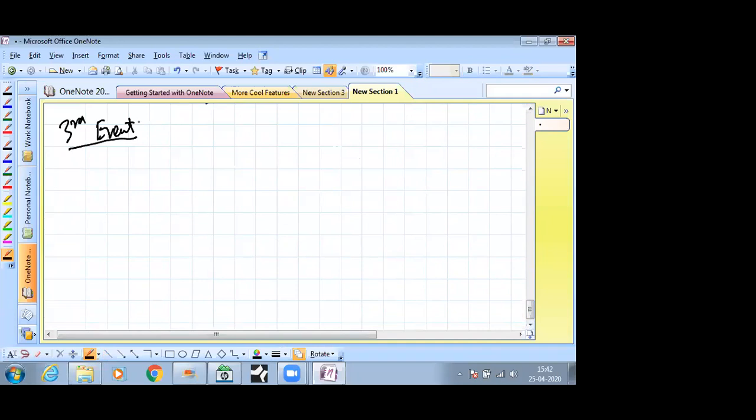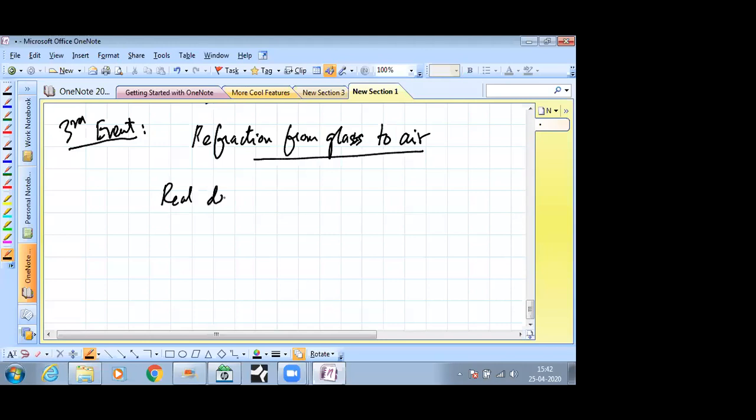The third event involves refraction at a plane surface, but from glass to air. For this, the real depth was PI2.